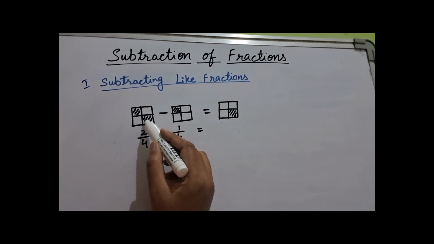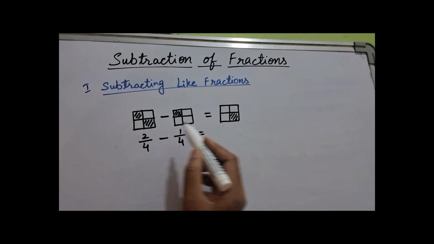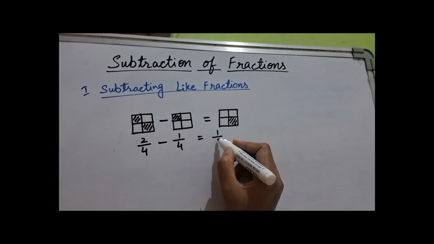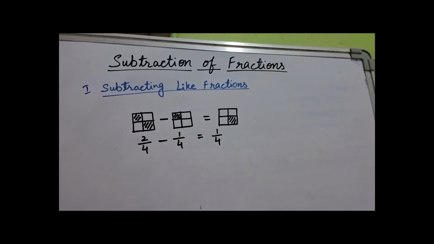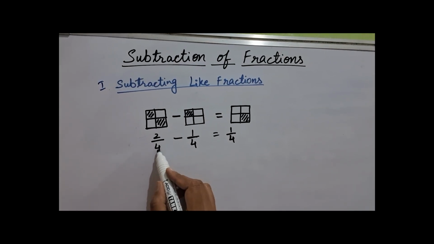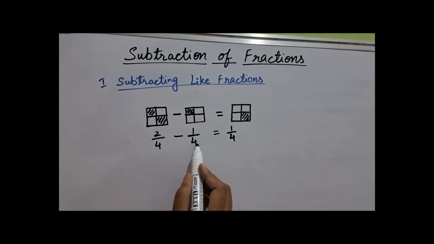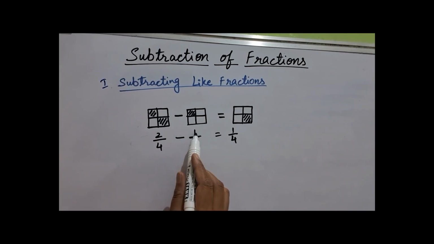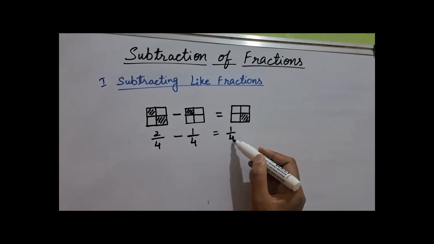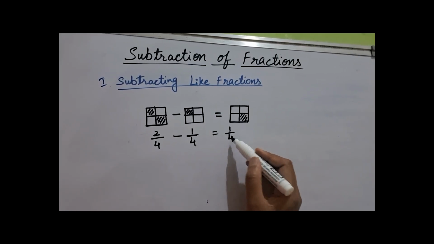Then only one part of the shaded part will be left over, no? So here the result is 1 by 4. In the subtraction of like fractions, we need to subtract the numerators. 2 minus 1 is 1 and the denominator being the same.